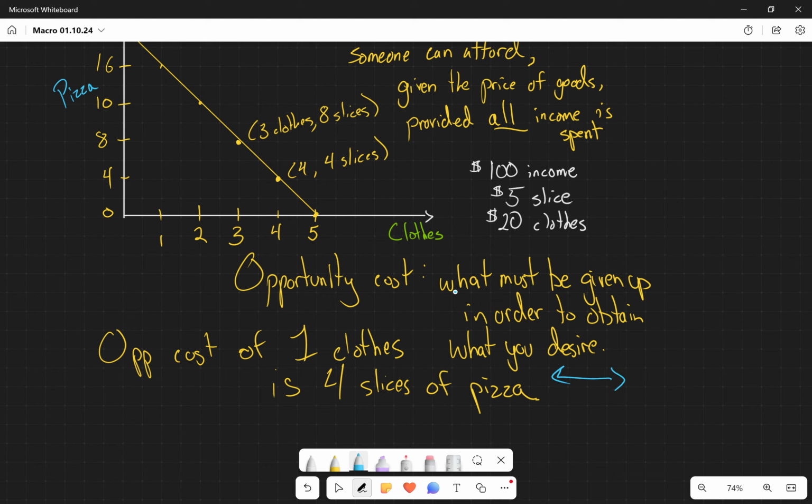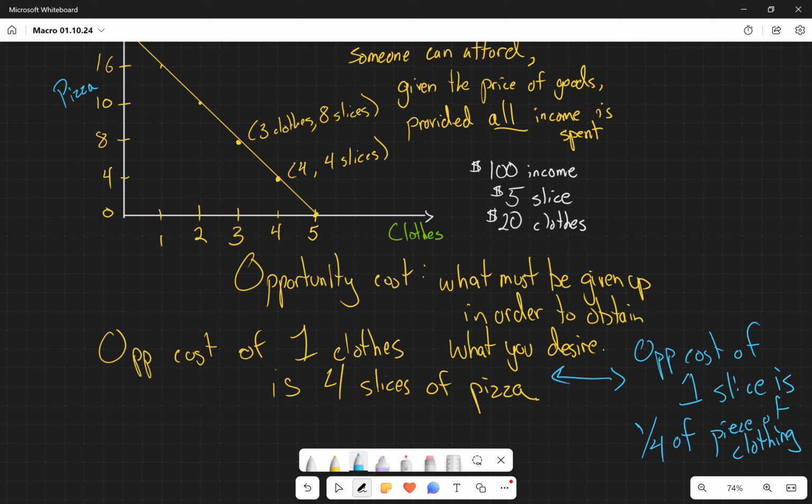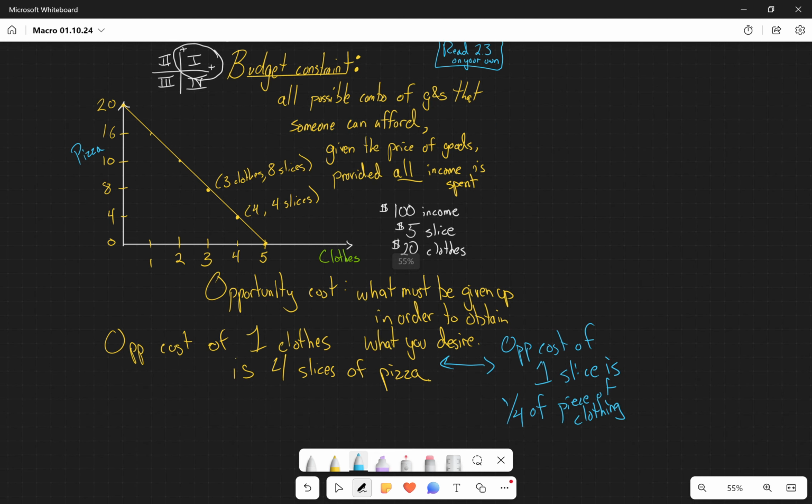Which is that the opportunity cost of 1 slice of pizza is 1/4 of a piece of clothing. So questions on budget constraints and opportunity costs.